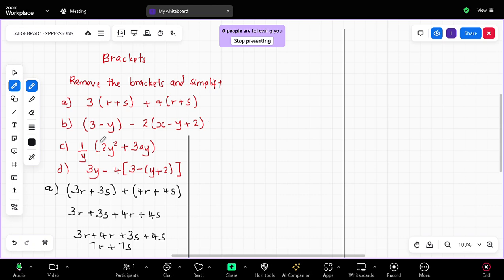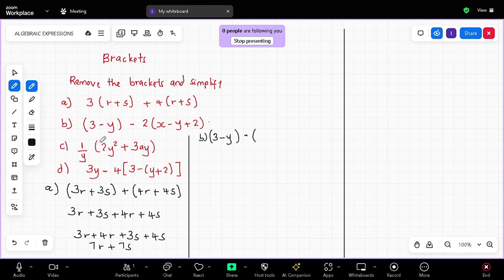Now when you come to part B, let me just start here. It's going to be 3 minus y in brackets, then negative 2 into the bracket x minus y plus 2. Open out the bracket: this negative is equal to this negative.